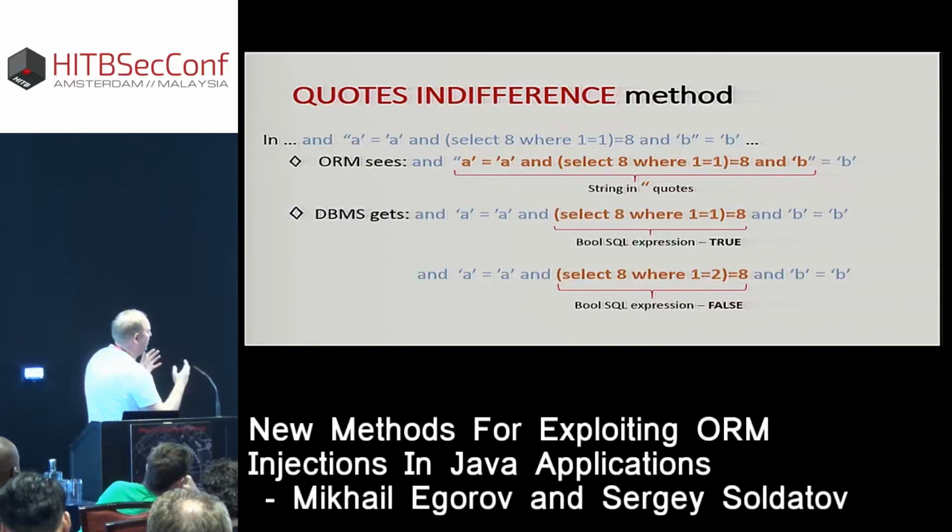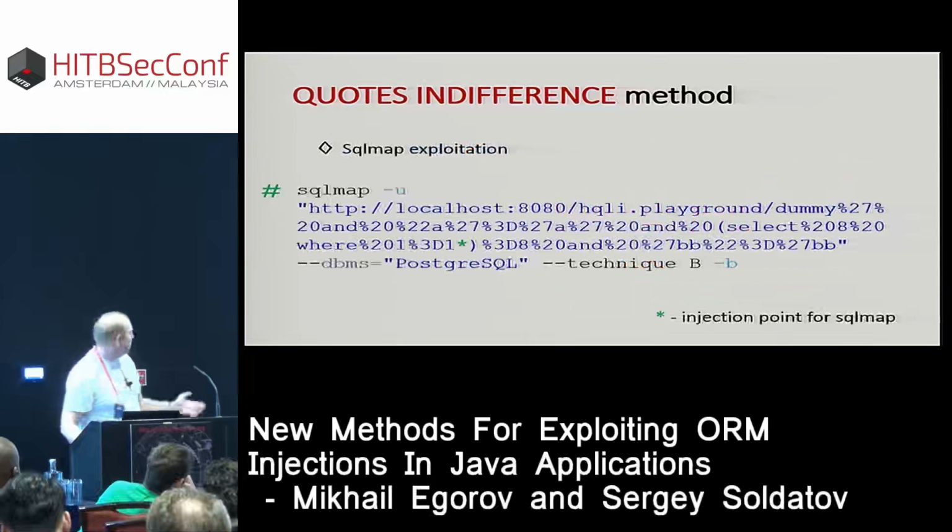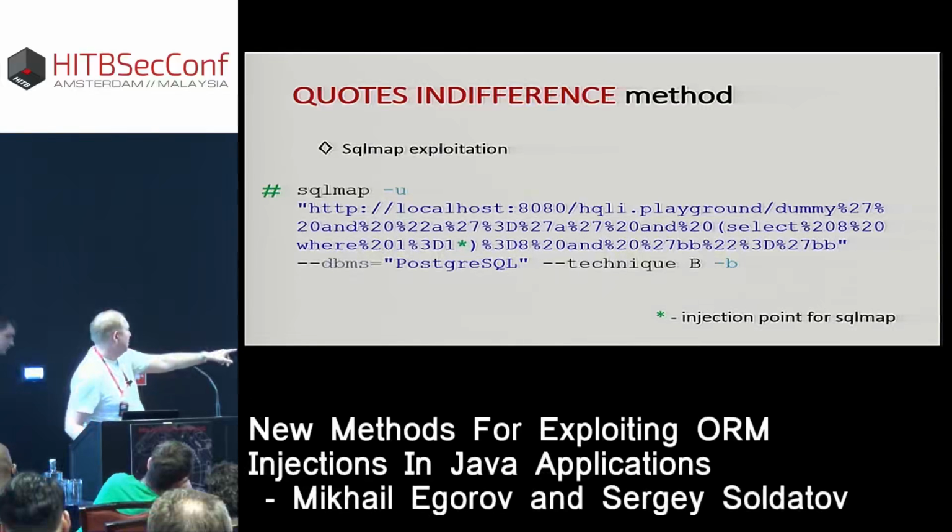So the meaning of this expression changed completely. Exploitation looks like this. And again, this technique works for every database management system. And here is an example for PostgreSQL, where the green asterisk is the custom injection point for sqlmap.